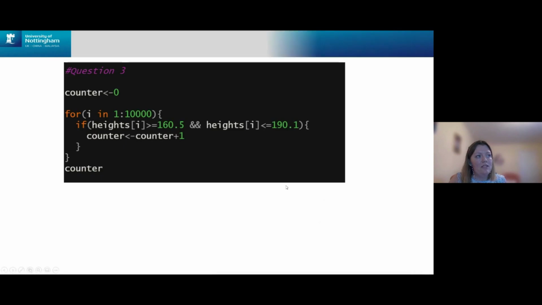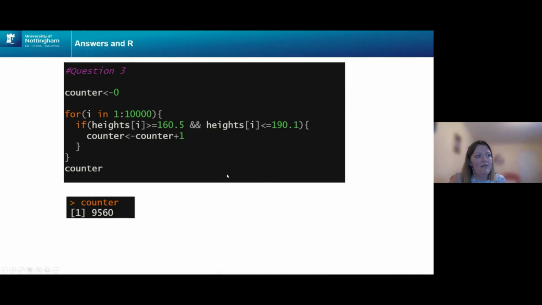And in R, we can do a similar thing, and using some simulated data it would be 9,560, which is pretty close to the theoretical value of 9,540. And again, you did quite well on question 3 in general.